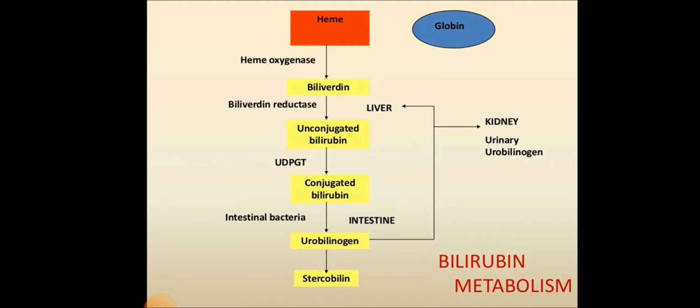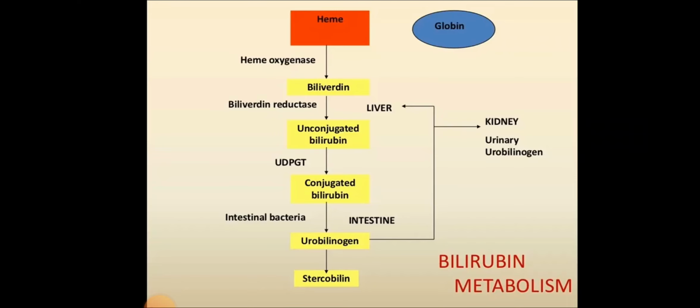Heme is then converted into the iron and the biliverdin, and this reaction is catalyzed by the enzyme heme oxygenase. In the next step, the biliverdin is converted into bilirubin, and this reaction is catalyzed by the enzyme biliverdin reductase.